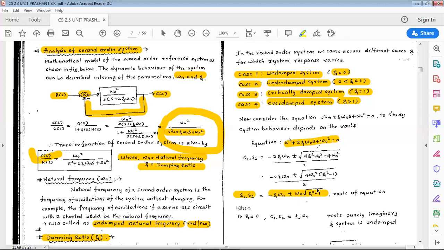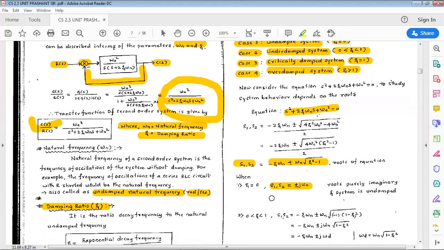So the only term we get is omega n under root minus 1. That results in s1, s2 equal to plus or minus j omega n. Here we can comment that the roots are purely imaginary and the system is undamped. This is the first result of the roots.